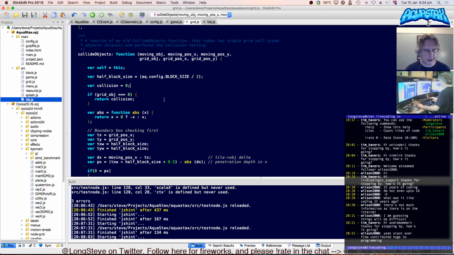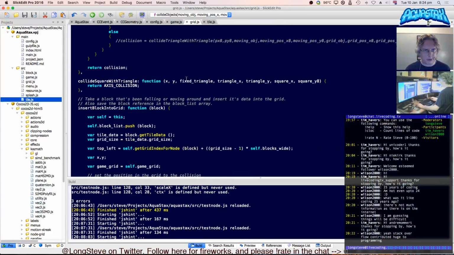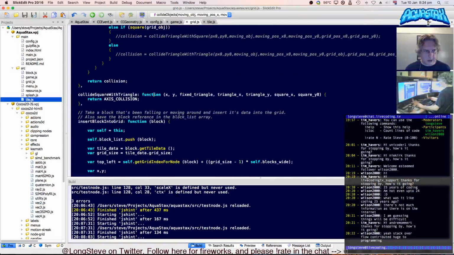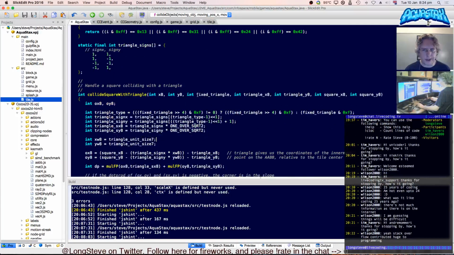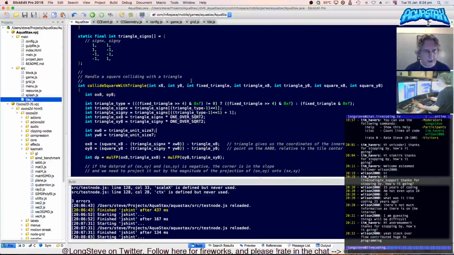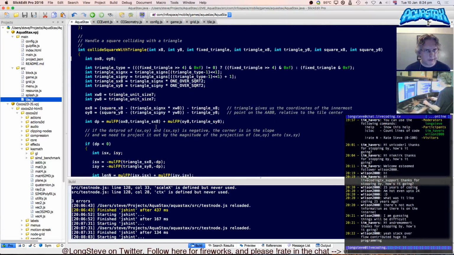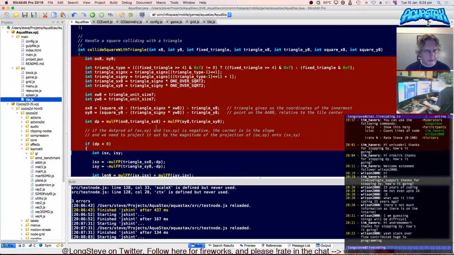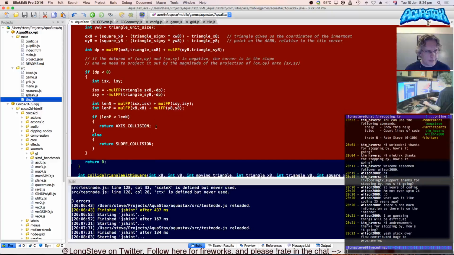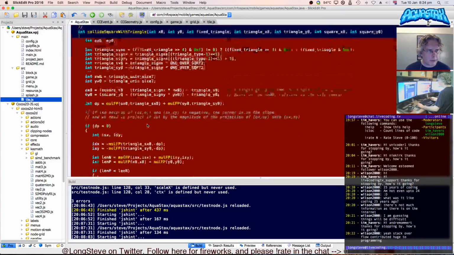So let's see. I'm in grid.js. I want to start implementing collide square with triangle, and let's see what I used to do. So triangle type. I could either borrow this line by line, or I could just give it all in one go.